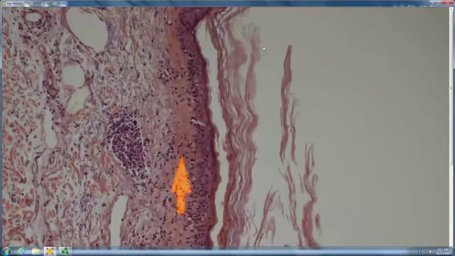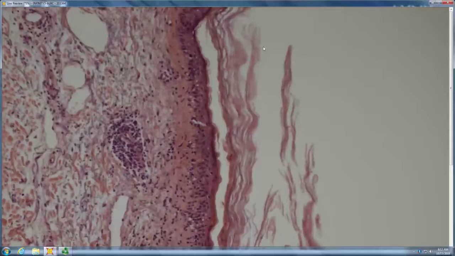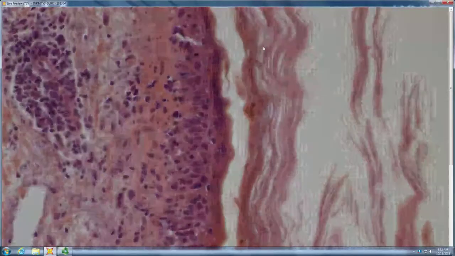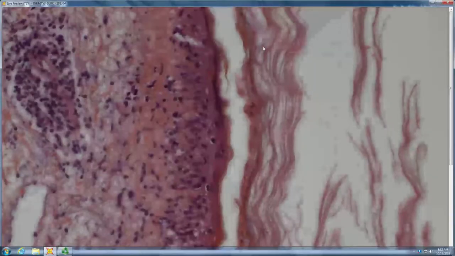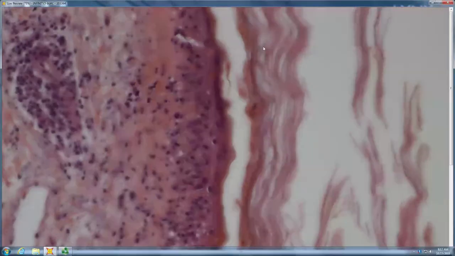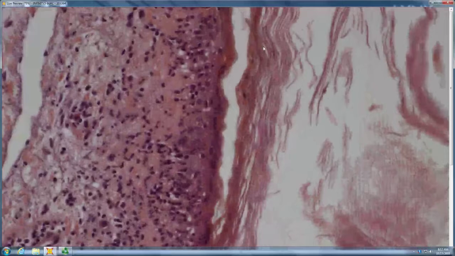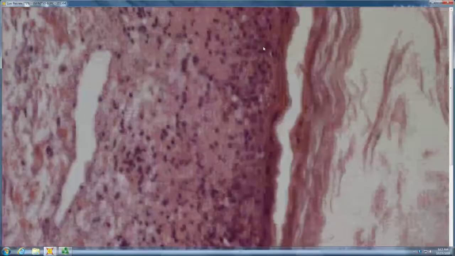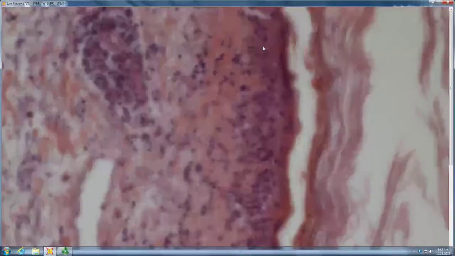How about the fact that there are dead reds in here? Does that go with MF? Not really. That does not go with MF either. So dead reds, eosinophils if present, none present in this case, strongly against MF.